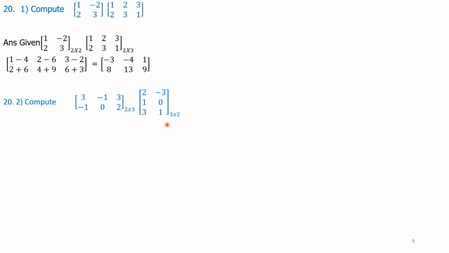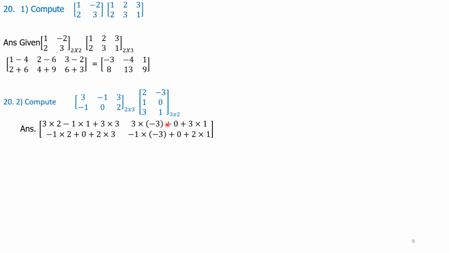Let us do it. So first row with first column. Therefore, 3 into 2, minus 1 into 1 and 3 into 3 will be the first element. This is given here. 3 into 2 minus 1 into 1 and 3 into 3.